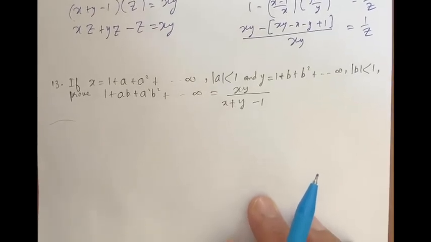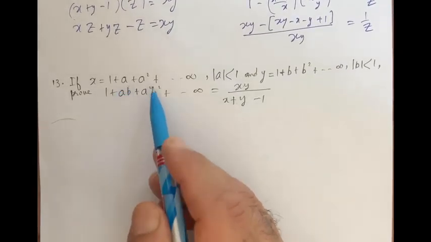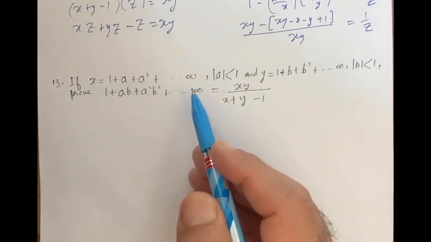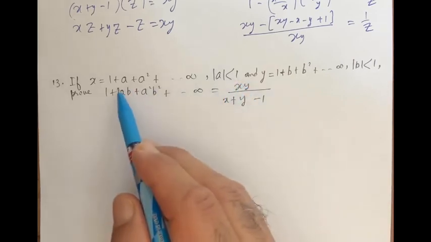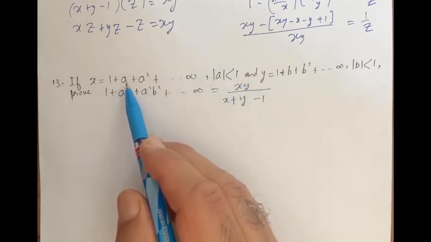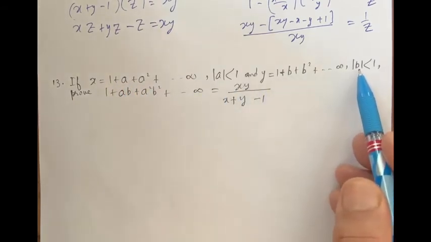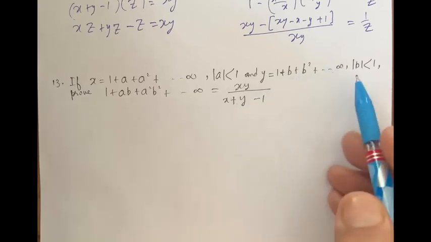The 13th question. We are given x is 1 plus a plus a square and so on up to infinity. Mod of a is less than 1. So here mod of a is less than 1 means this sum is applicable. Similarly, this is less than 1 means we can find out sum of infinite number of terms of this series.